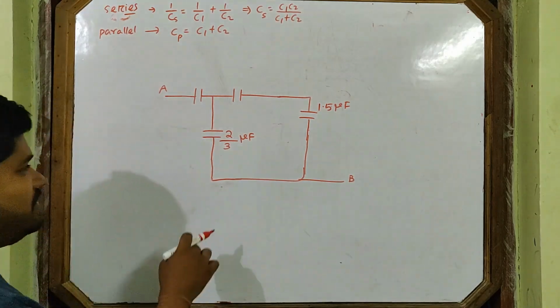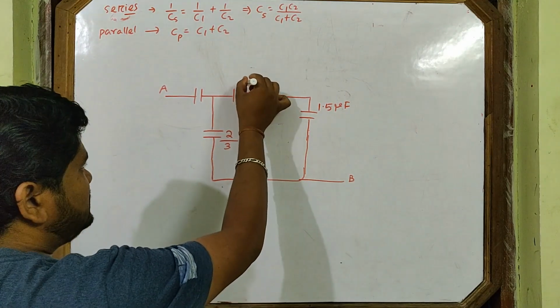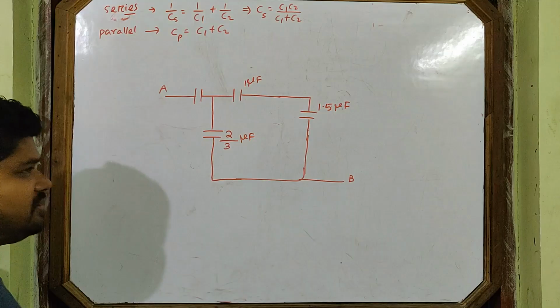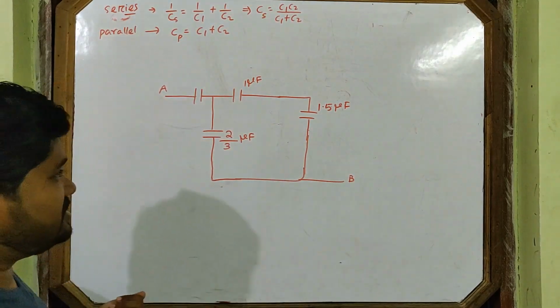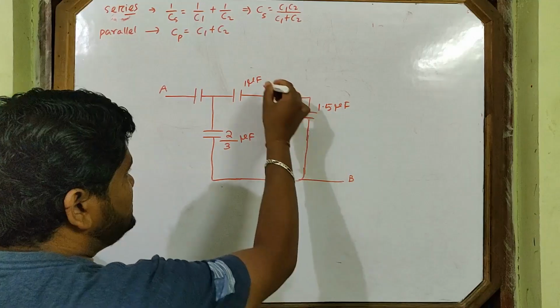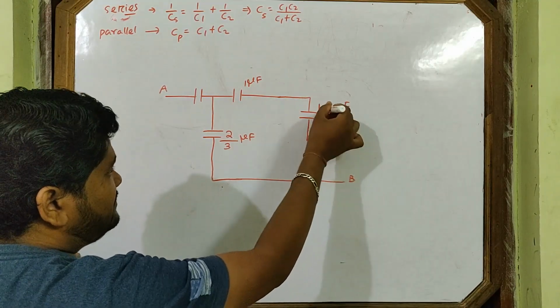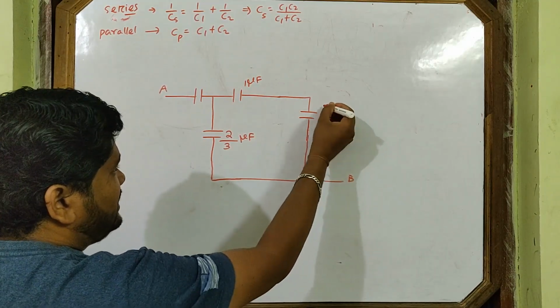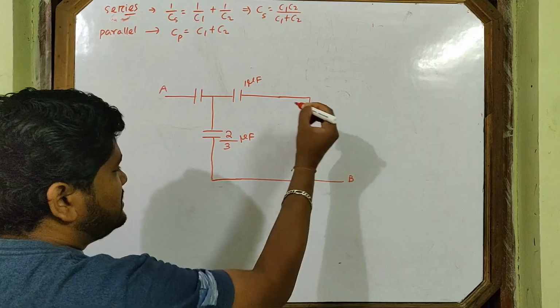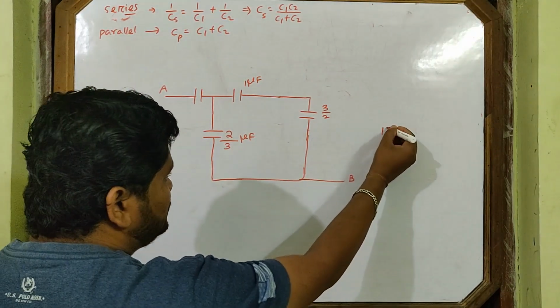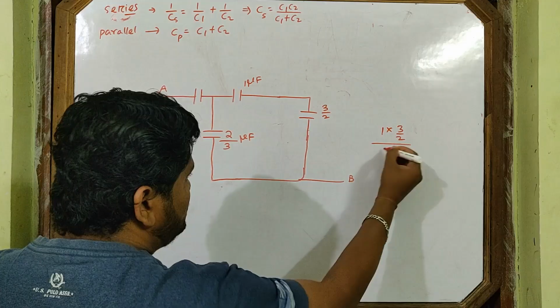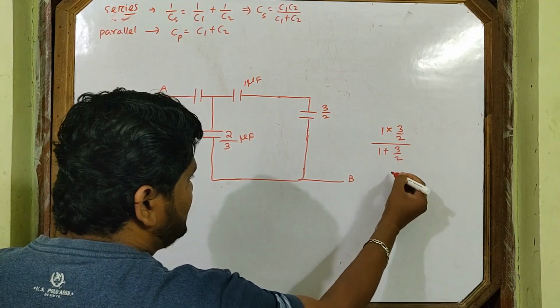Okay. And this one, in which connection are they? They are also in series connection. So this is 1 into 1.5, or you make it 3 by 2. So this is 3 by 2. Series connection, so 1 into 3 by 2 by 1 plus 3 by 2.